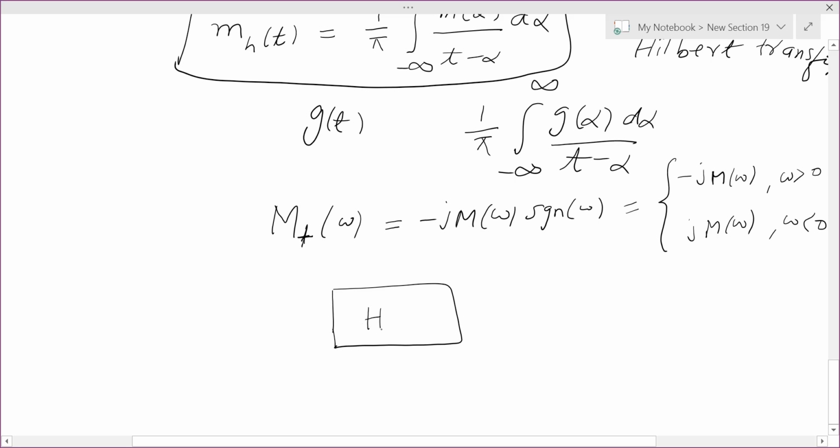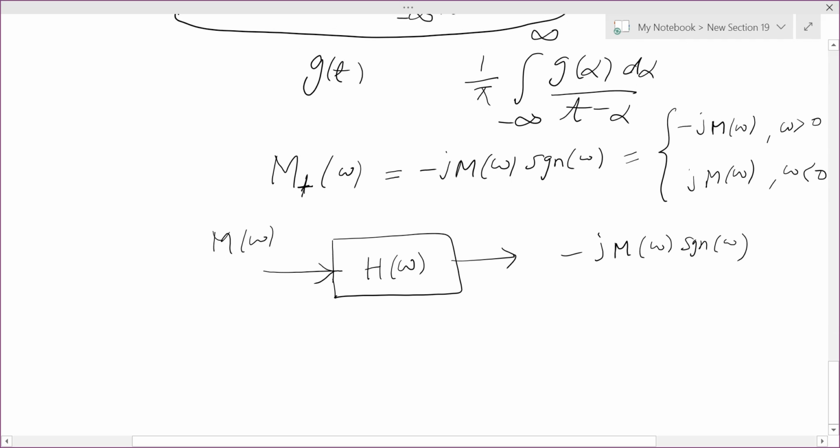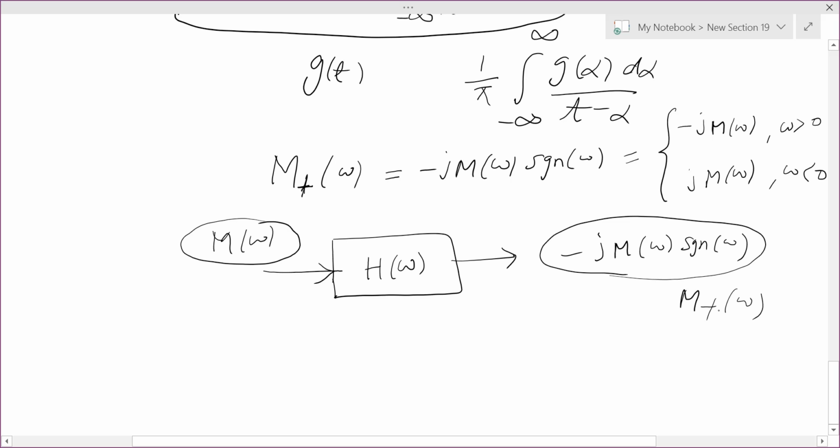We can think of a filter H of omega with input M of omega and output minus j M of omega signum of omega. If you think of a filter which will find the Hilbert transform, in the frequency domain, what should the filter do? If you feed in the Fourier transform of the message, the output should be the Fourier transform of the Hilbert transform, minus j M of omega signum of omega. Then what should be H of omega?